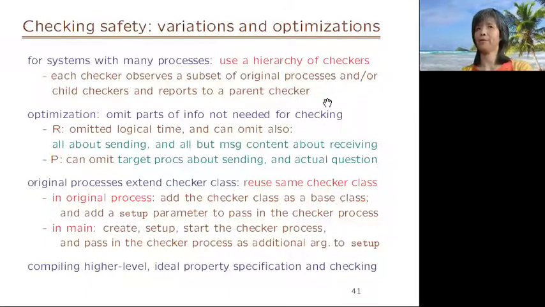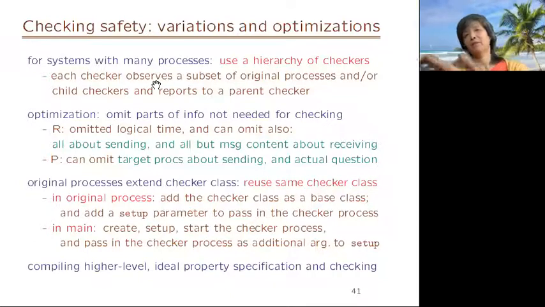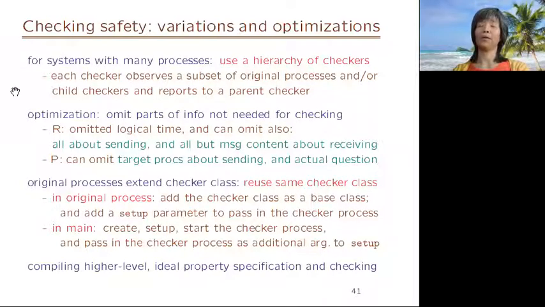If you think about this, instead of just observing all the original processes and reporting the result, you just observe from other checkers and you just report to the parents. If you're computing some sum and accumulating the sum, this is exactly like map reduce. And it's very easy to implement in DistAlgo.